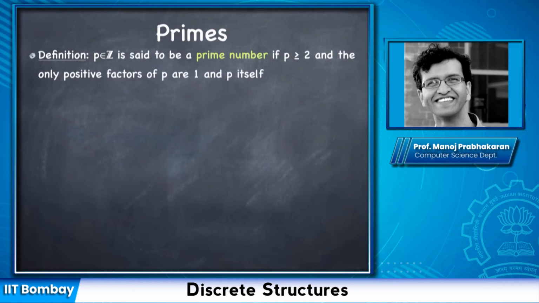So 1 and p are always divisors, and we'll just focus on the positive divisors. As long as those are the only two divisors, then the number is a prime number. And we are not allowing 1 to be considered a prime number, since it has only one positive divisor, namely itself. So that's not a prime number in this definition.